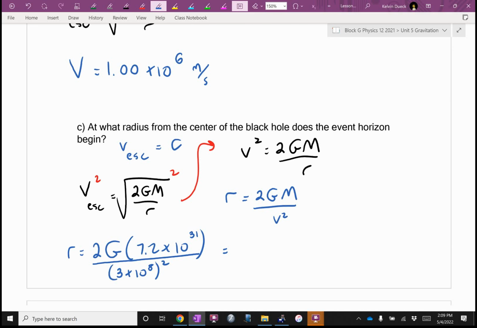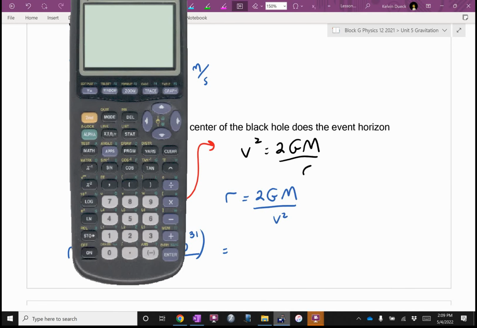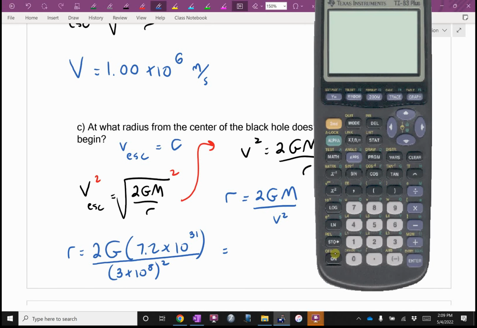Where is the point of no return for anything in our universe? Sarah, what'd you get? Oh, still typing? Busted. Sorry. I thought you were done. 2 times 6.67 times 10 to the negative 11 times 7.2 times 10 to the 31 divided by 3 times 10 to the 8th squared.